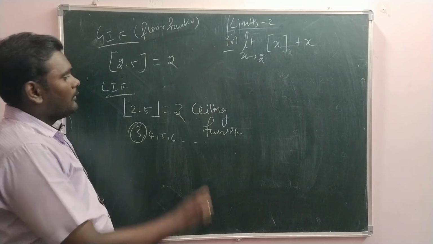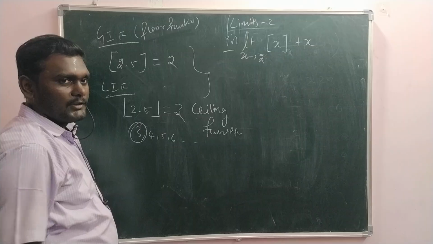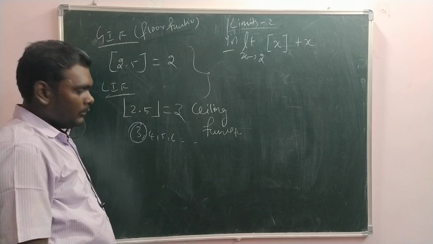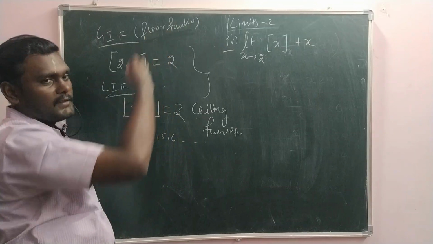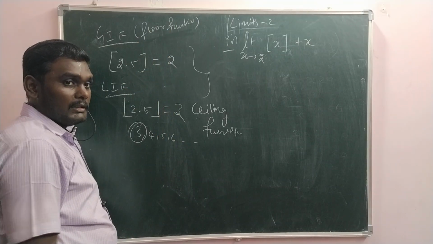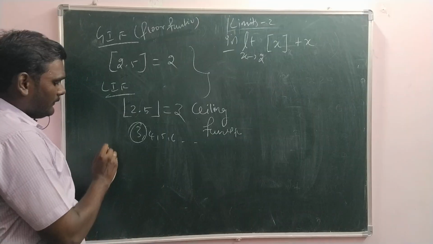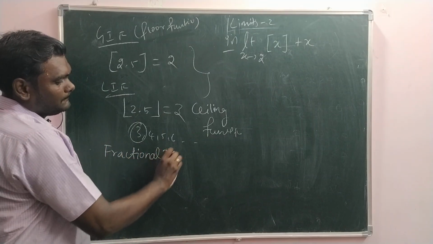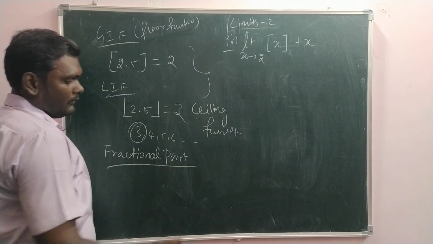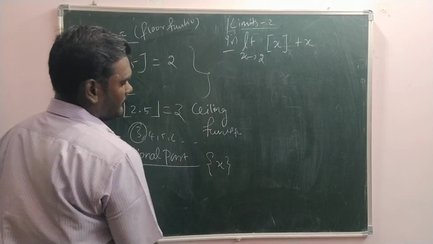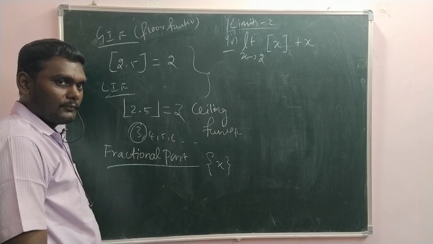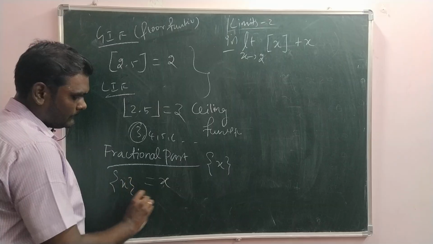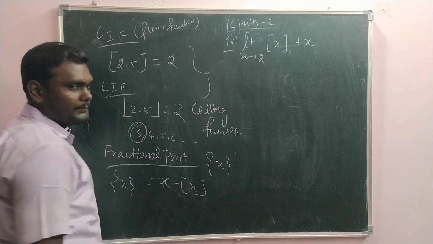Okay. So both together are called a step function, because both of the graphs will look like steps only. But mostly when we say step function, we use this greatest integer function only. Okay. There is another function called the fractional part function. Heard about this? This will denote the given value minus step of the given value.